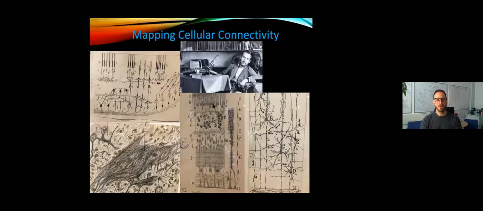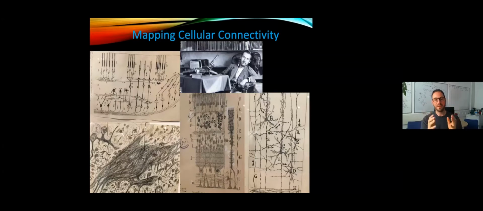And importantly, what he saw was the fact that the neurons within animal tissues were actually connected to one another. So we take this for granted now. But if we think back at the end of the 19th century, they didn't know this. So this was pretty remarkable. So what he drew were these diagrams describing how the neurons were connected to one another. And he drew these diagrams now known as Cajal diagrams.